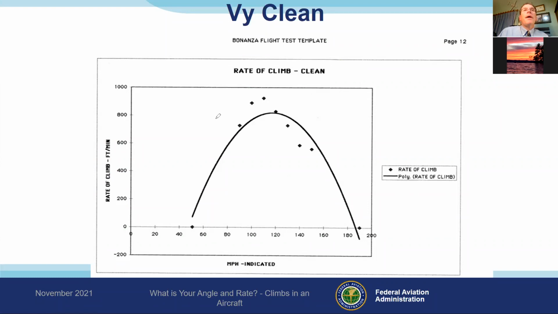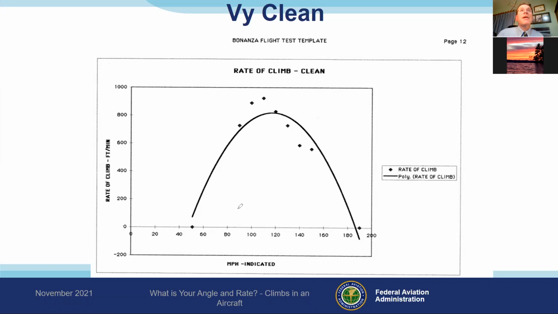Figure that out and plot it, and start to get a whole bunch of plots at, say, every 5 or 10 knots, climb for a 400, 500 foot spell to let it stabilize, see what your rate of climb is. With GPS now, that's even added benefit, much better than reading it off an old archaic VSI.